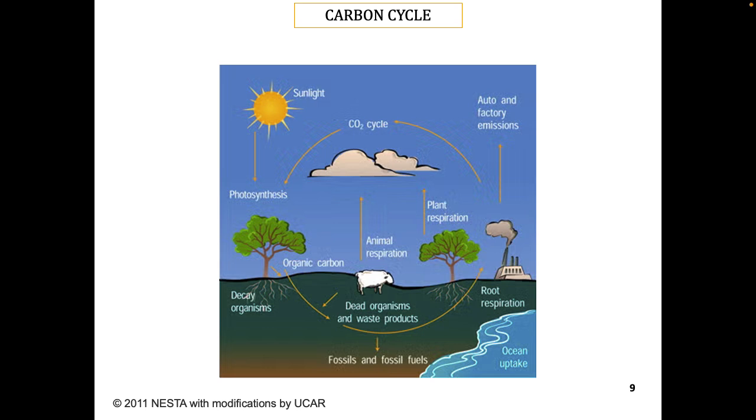The carbon in the plant is transferred to the soil, but after that, by the respiration of different dead organisms and waste products, the carbon is transferred to the atmosphere. So that's the cycle of the carbon where the soil enters.